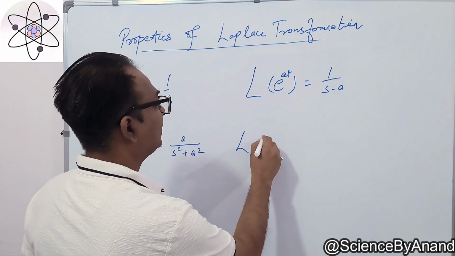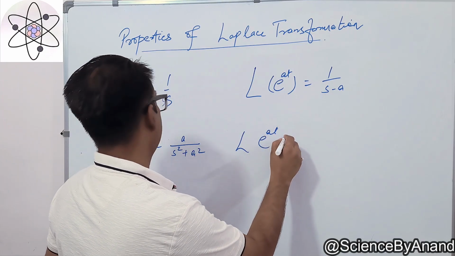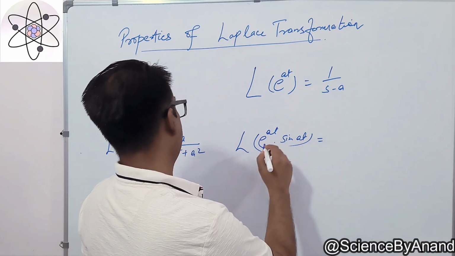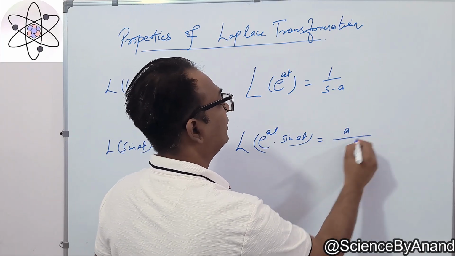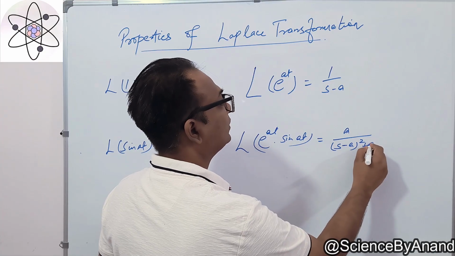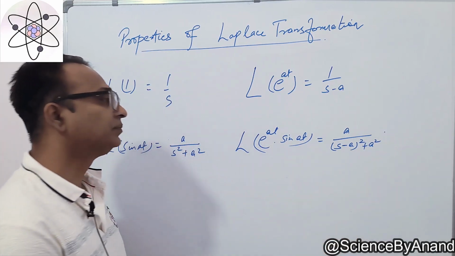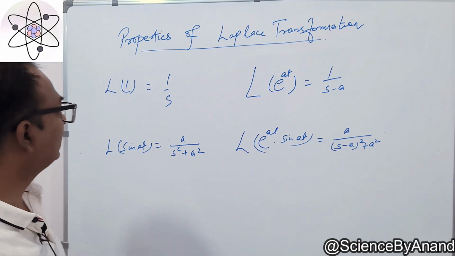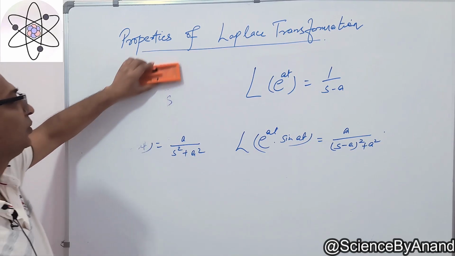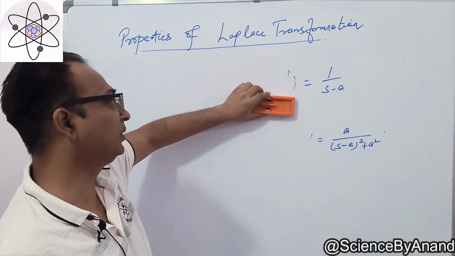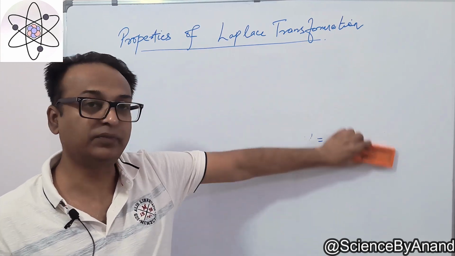So what will be the Laplace transform of e^(at) into sin at? It will be a by (s minus a) squared plus a squared. Simple. Similarly, we can get the values for other functions when we multiply them by e^(at). This is the first shifting property.